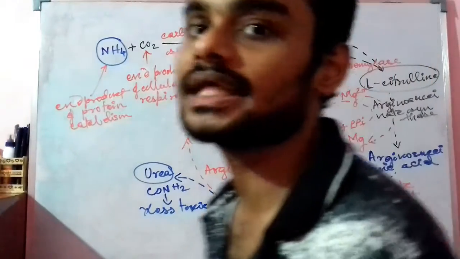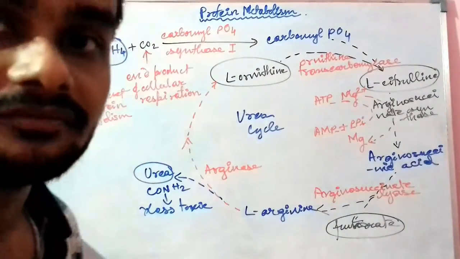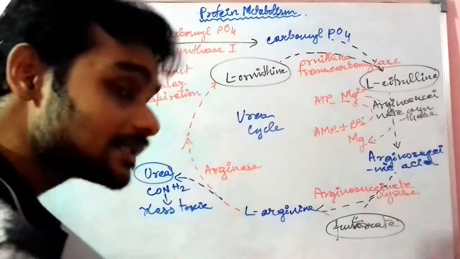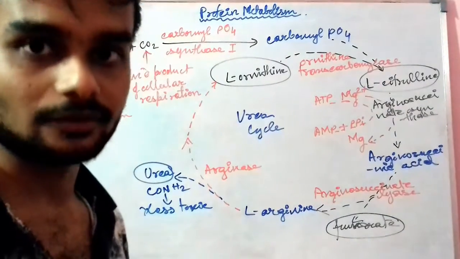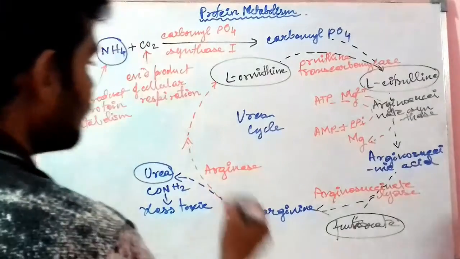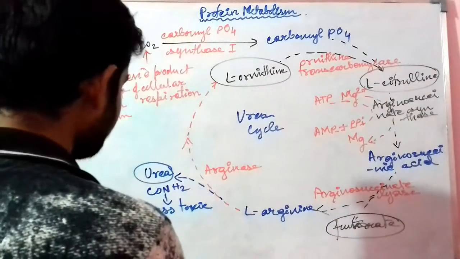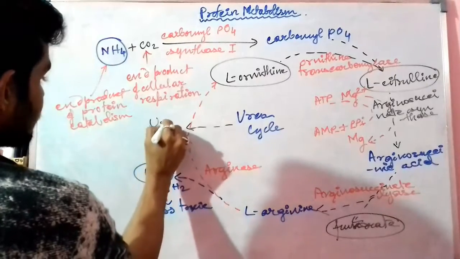So we are ureotelic. In the case of reptiles, the lower group of multicellular organisms, the terrestrial animals or the amphibians, this urea gets converted to uric acid.